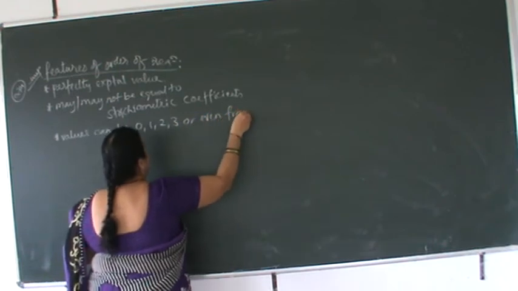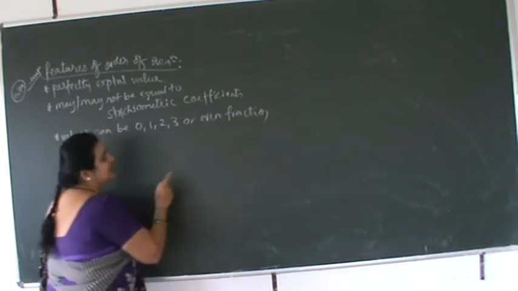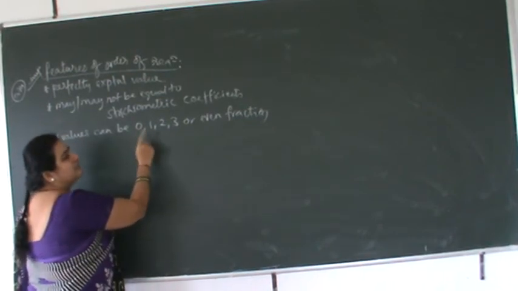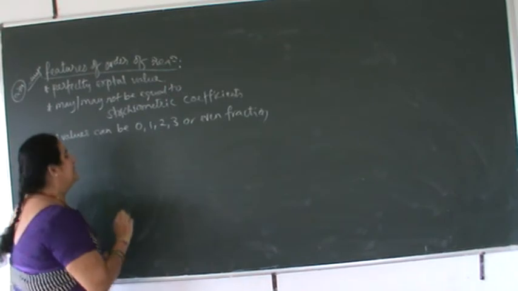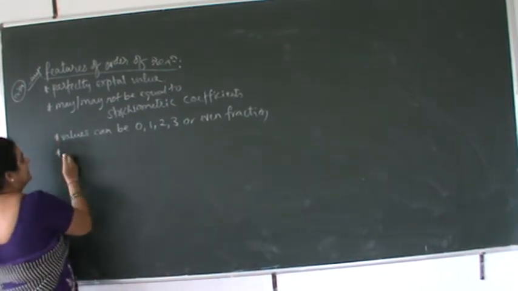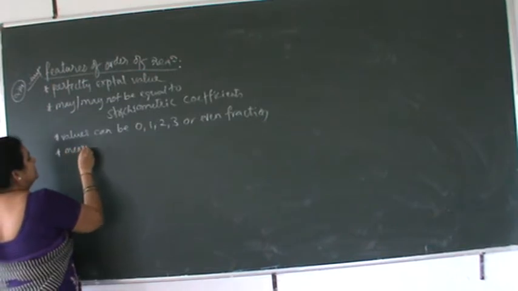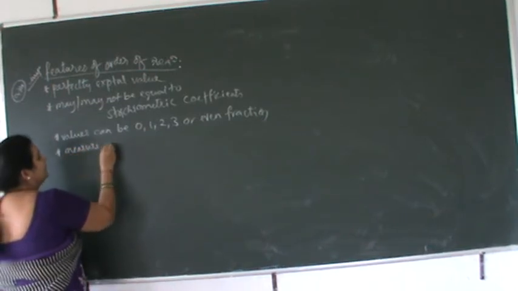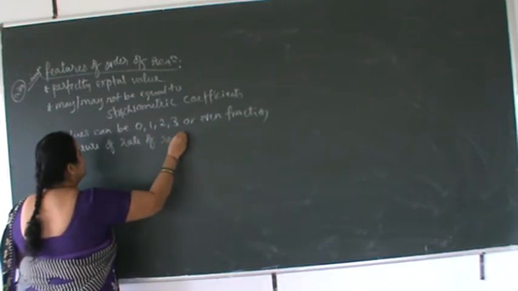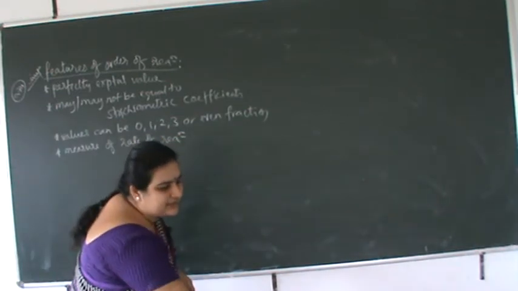That means order of the reaction can be a fractional value. It can be 0 or 1, 2, 3, anyone. It is perfectly experimental, and it is a measure of rate of the reaction.